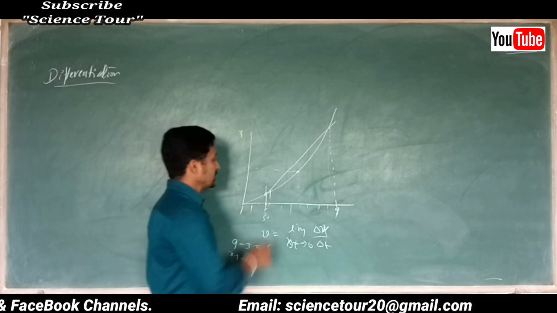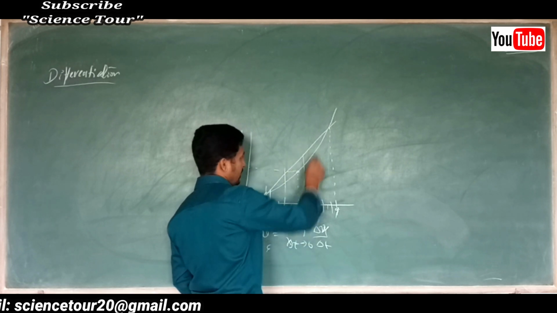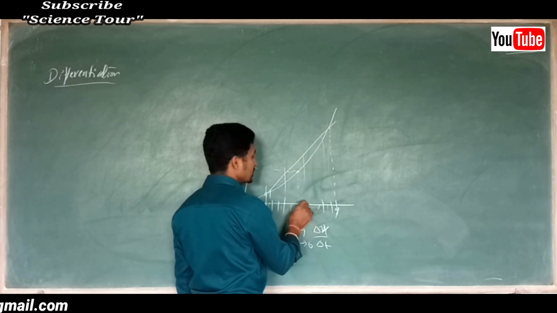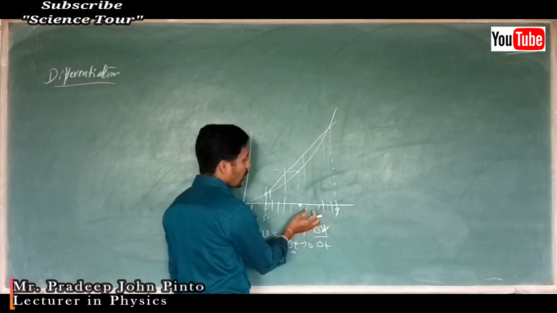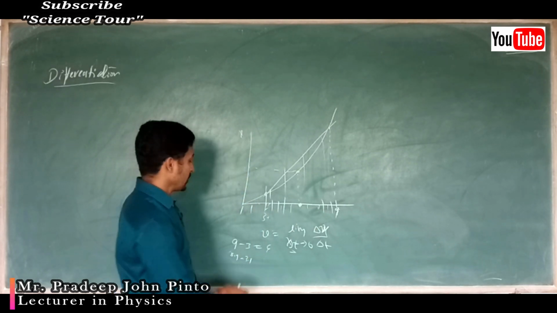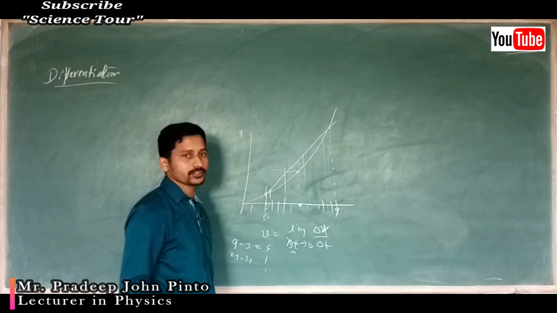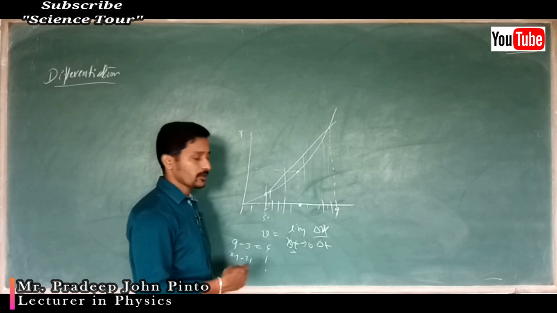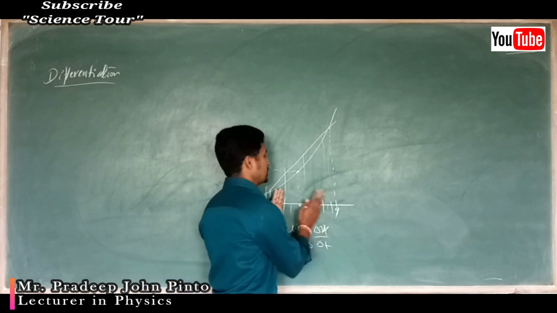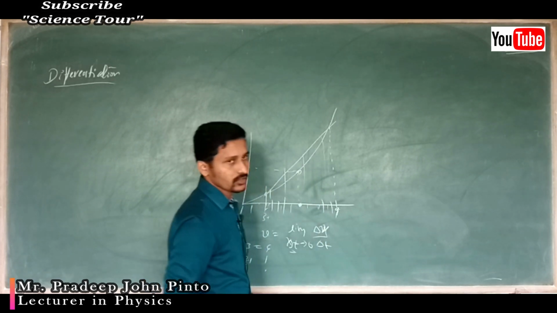Similarly I will keep decreasing, dividing further: 5.8, 5.2, 4.8, 4.6, 4.4. If you divide like this, finally you will reach your desired point.